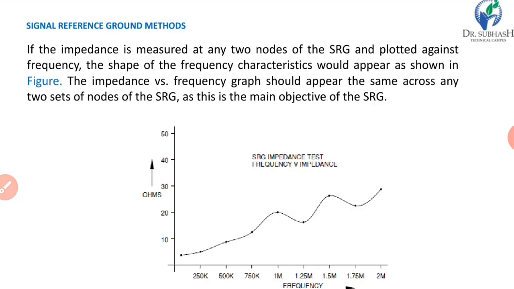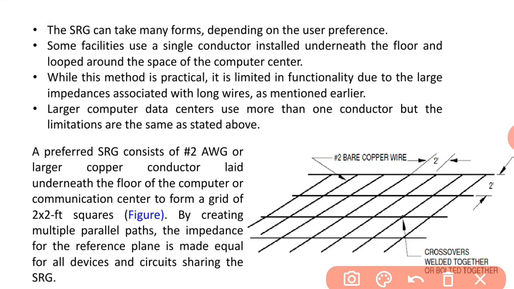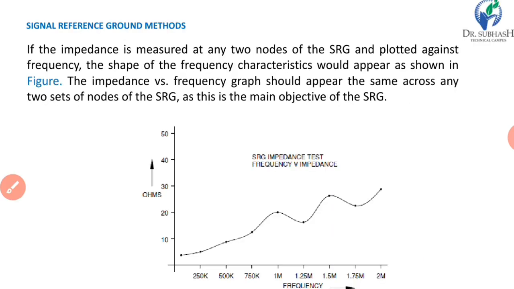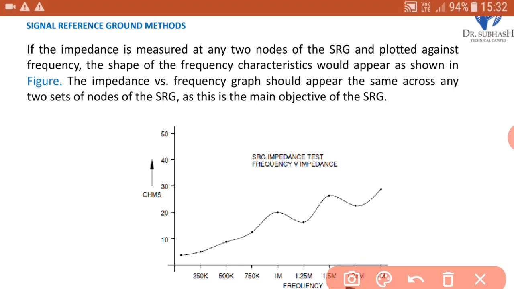If the impedance is measured at any two nodes of the signal reference ground and plotted against frequency, the shape of the frequency characteristics would appear as shown in the figure.